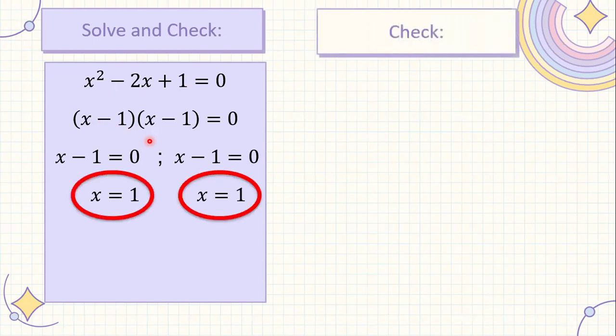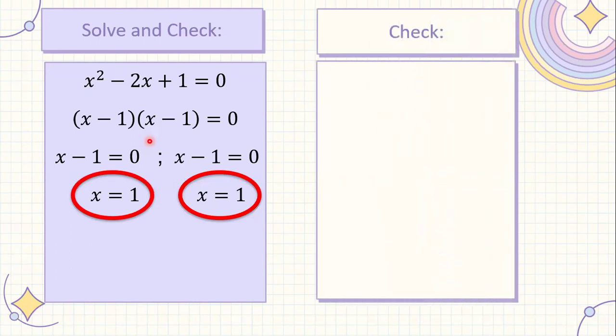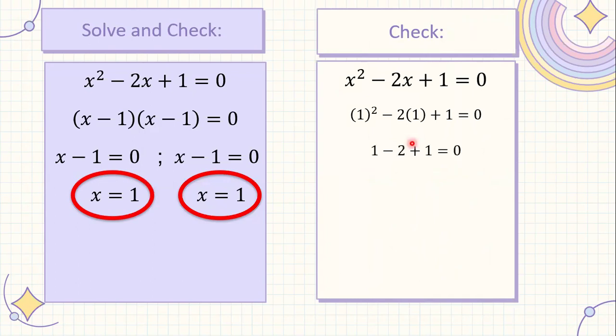So let us check. So we have the original equation, substitute the value of x, which is just positive 1. So we have 1 squared minus 2 times 1 plus 1 is equal to 0. 1 squared is 1, -2 times 1 is -2 plus 1.